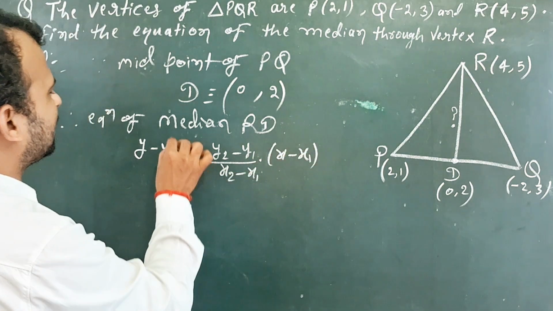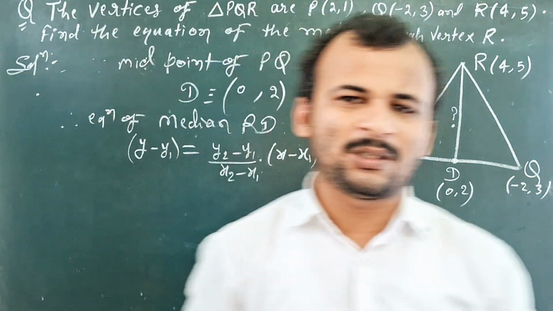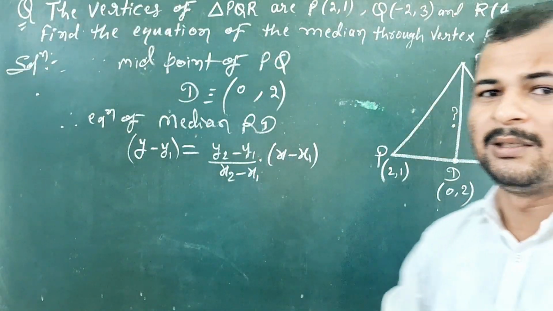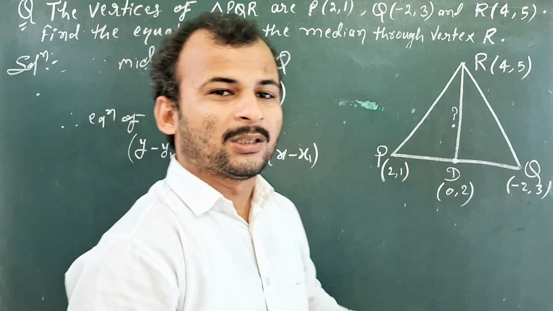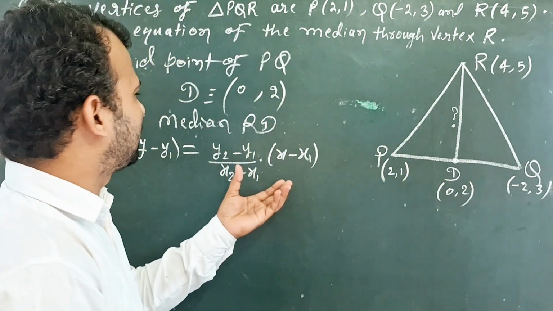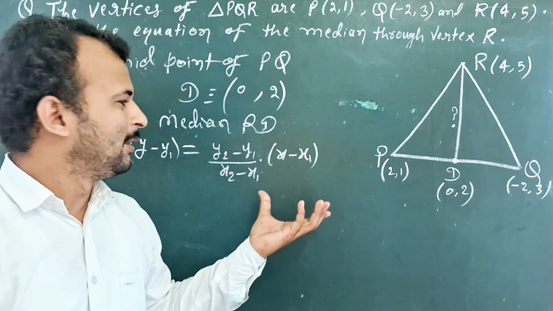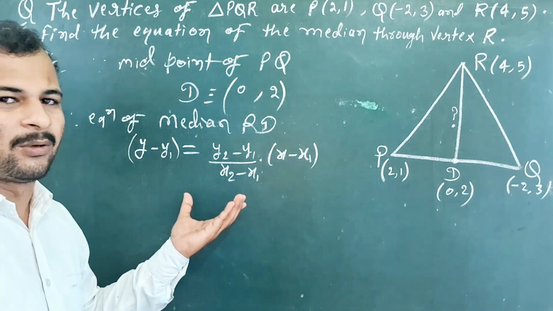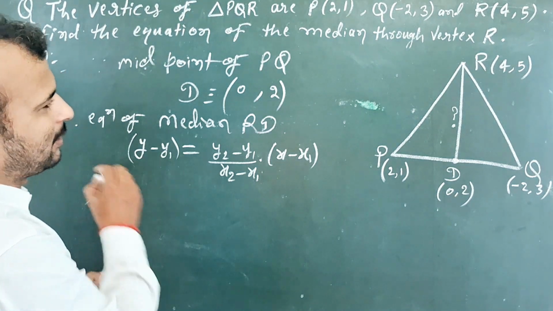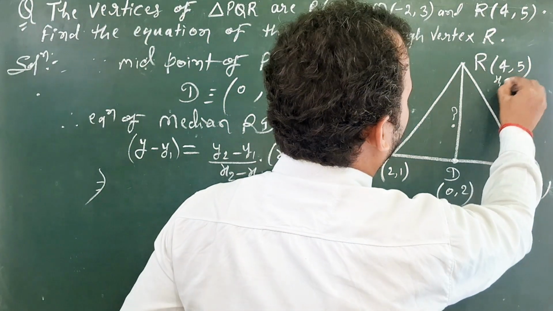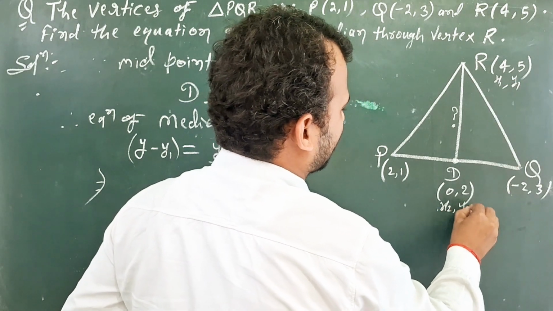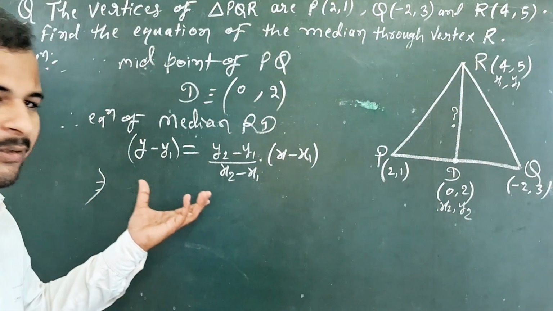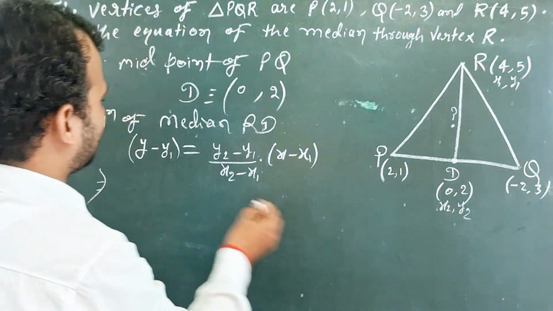We can find the required equation by using this formula, because we know that if 2 points are given on the line, then we can find its equation by using this formula, okay? Here this is x1 y1, and this is x2 y2, okay? Put these values in this equation and we get the required answer.